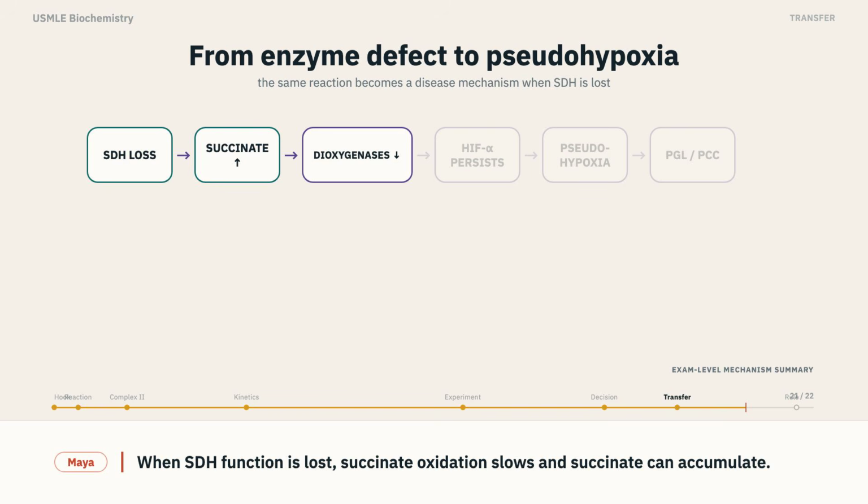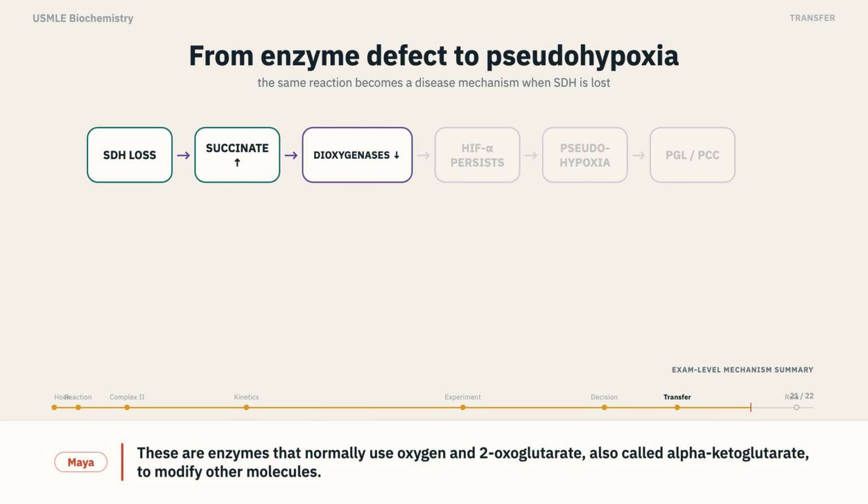When SDH function is lost, succinate oxidation slows, and succinate can accumulate. Succinate then inhibits some 2-oxoglutarate-dependent dioxygenases. These are enzymes that normally use oxygen and 2-oxoglutarate, also called alpha-ketoglutarate, to modify other molecules.